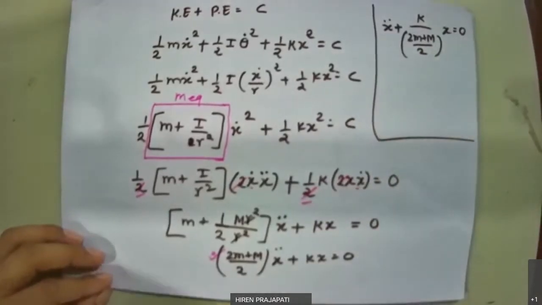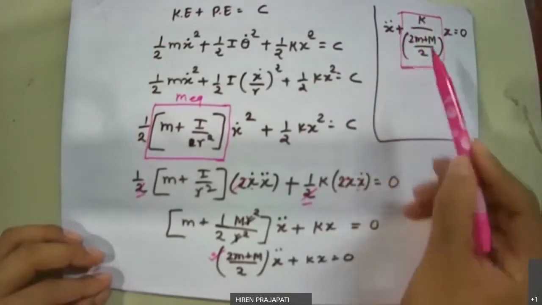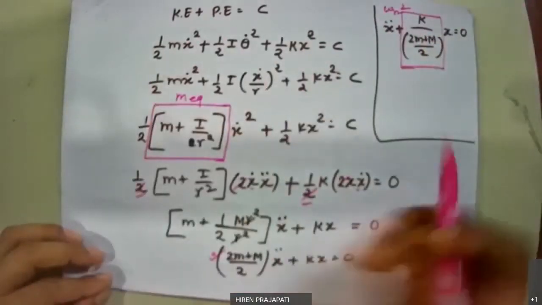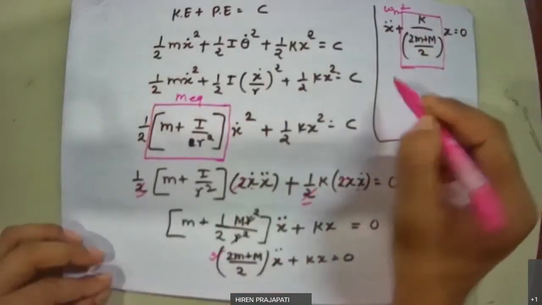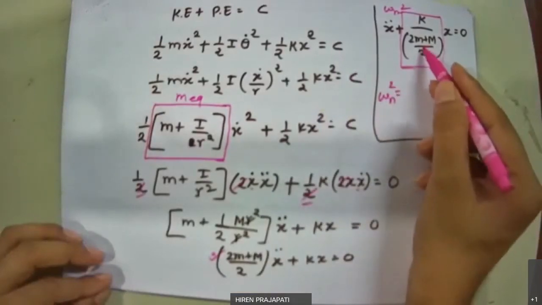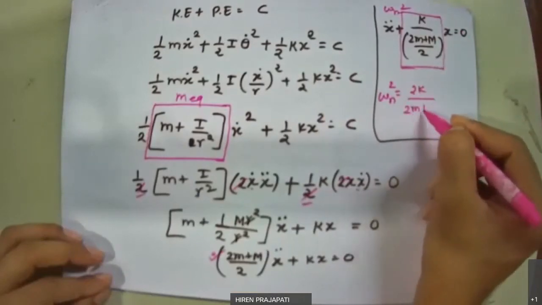Now if you look again, this is representing omega n square. So let us write omega n square is equal to, now 2 will go up, so this becomes 2k by (2m + M).